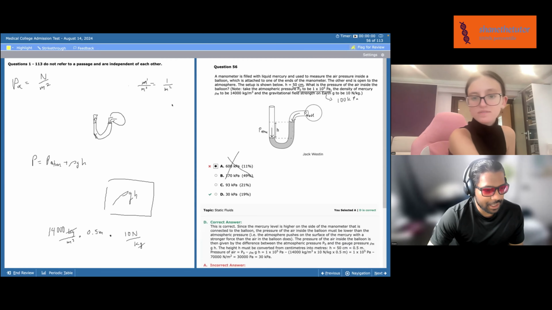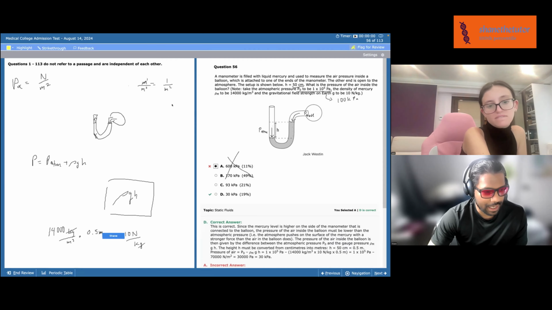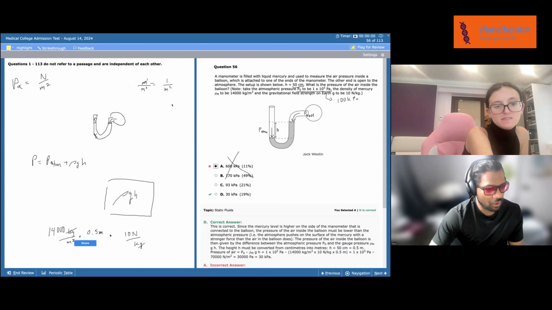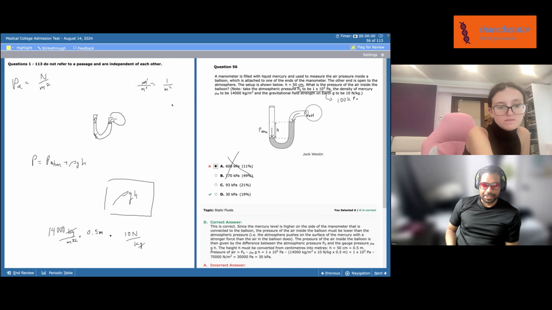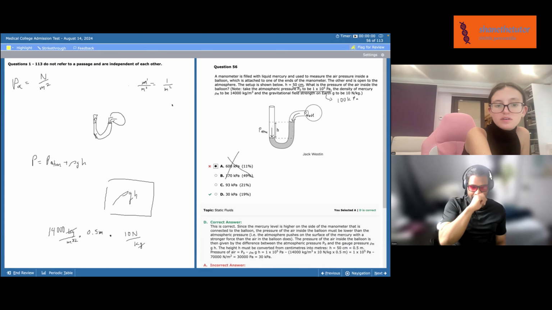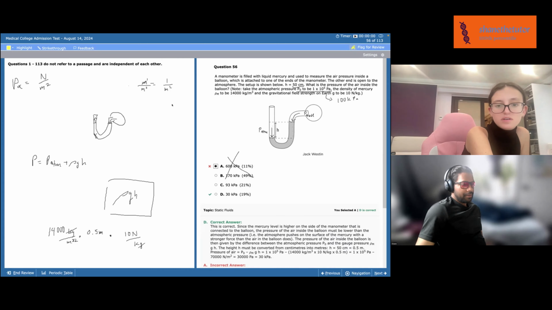So the meters here cancel and meters goes into this thing, turning into meters squared. So that's pretty much it. Then 0.5 is one half of 14,000, which is 7,000.